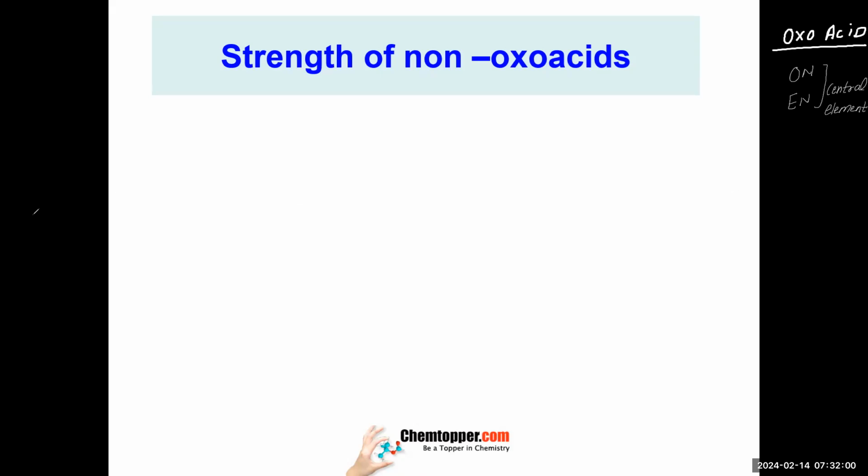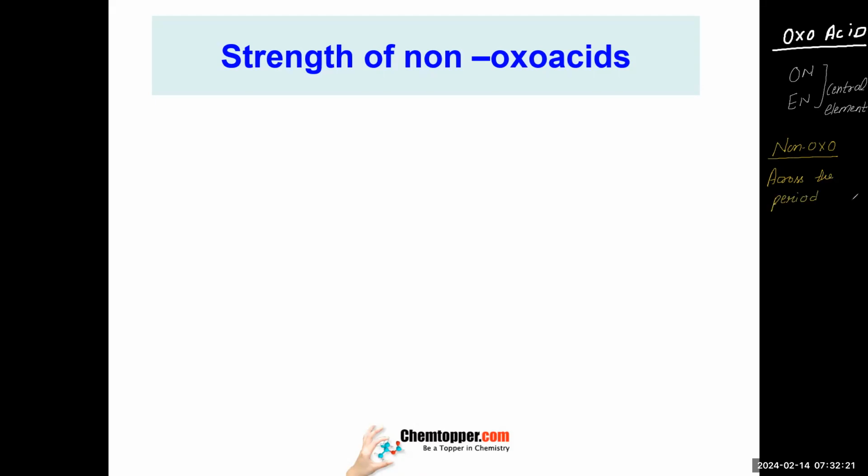But in case of non-oxo acid, that also we did in the last class. In non-oxo acids, you're going to compare across the period. Across the period, which factor is dominating?